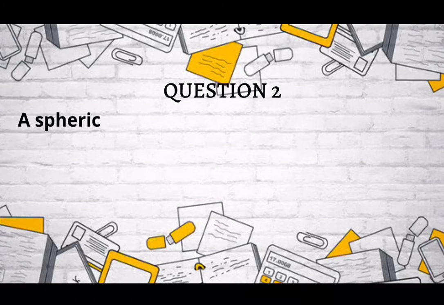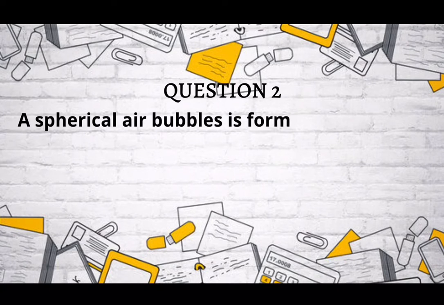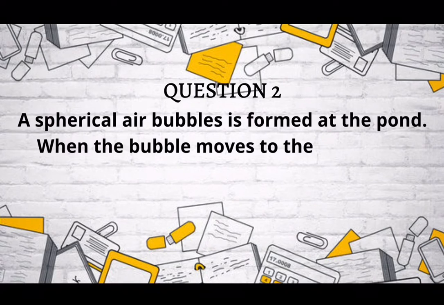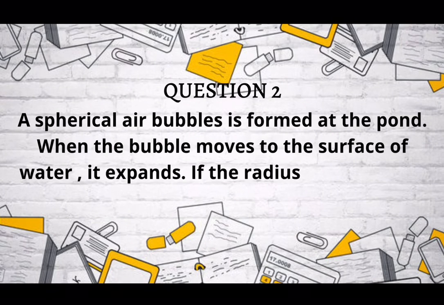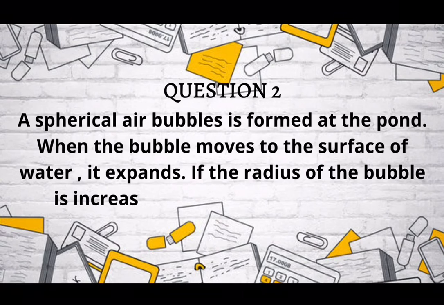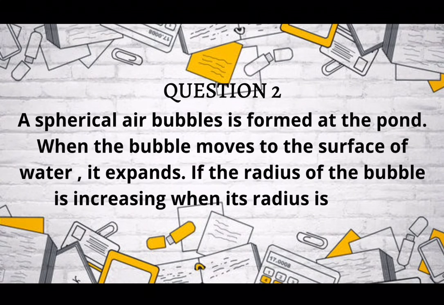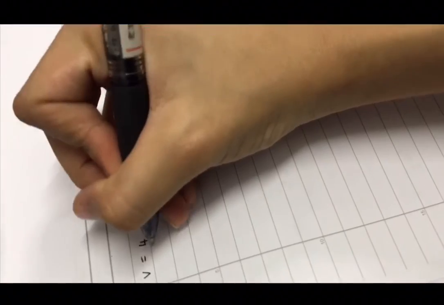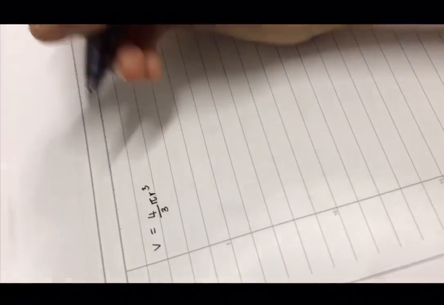Question 2. A spherical air bubble is formed in the pond. When the bubble moves to the surface of the water, it expands. Find the rate at which the volume is increasing when its radius is 1.5 centimeter. V equals 4 over 3 pi r cubed.